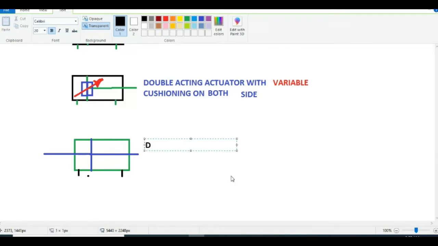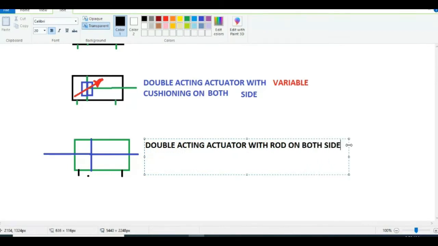But what is the name? Double acting actuator with rod on both sides.